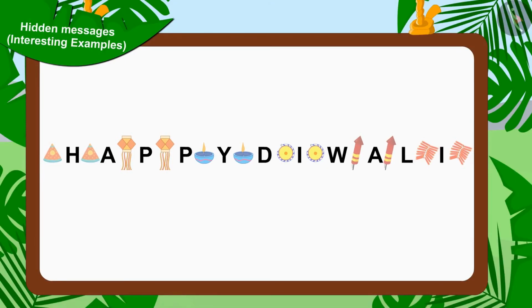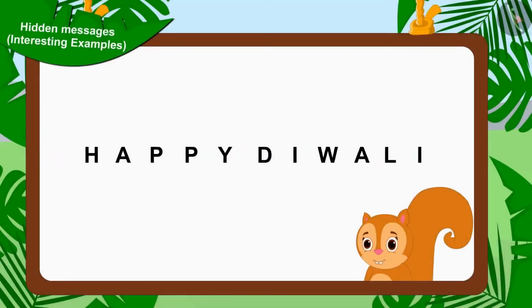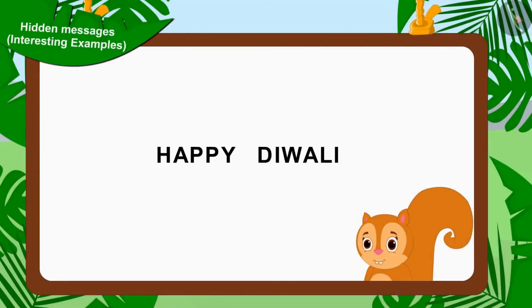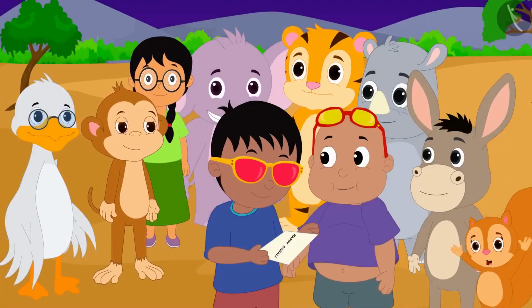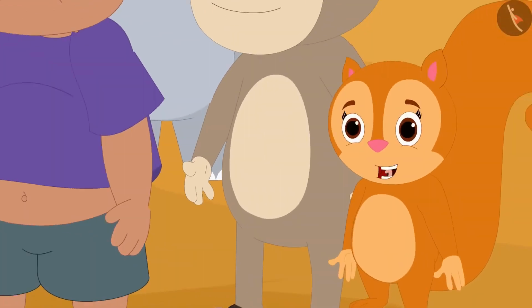The message is hidden in the form of 1 alphabets in between these shapes. Chanda solved Jeev's hidden message by writing all the alphabets together in this way and shouted out the message to all the villagers. Happy Diwali!